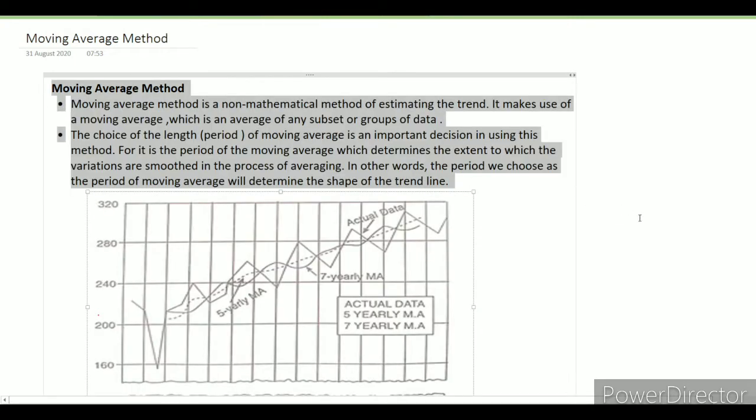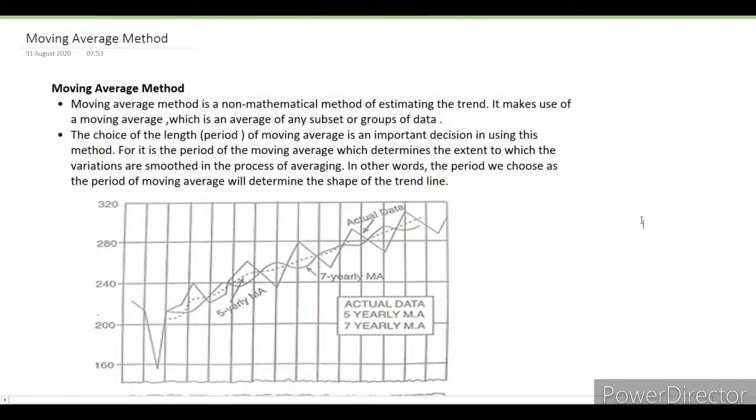So here, this method makes use of a moving average, which is an average of any subset or group.